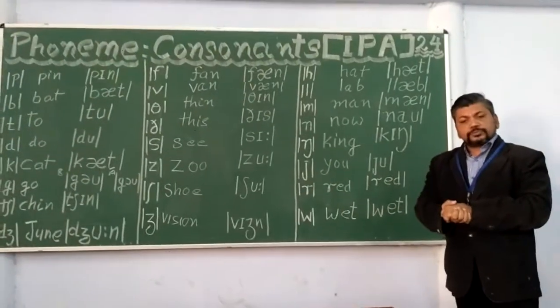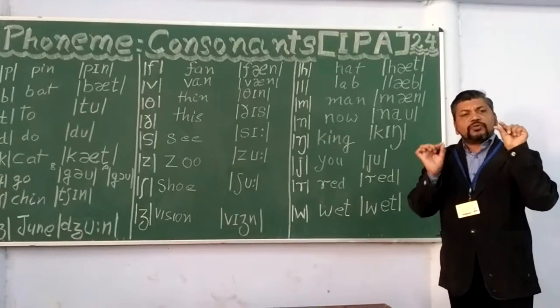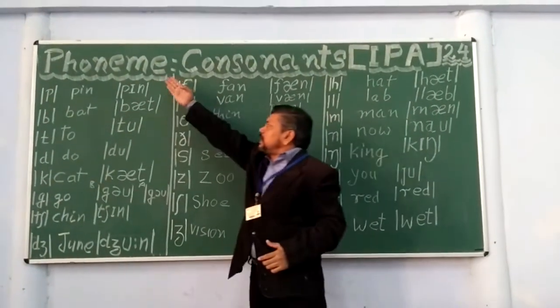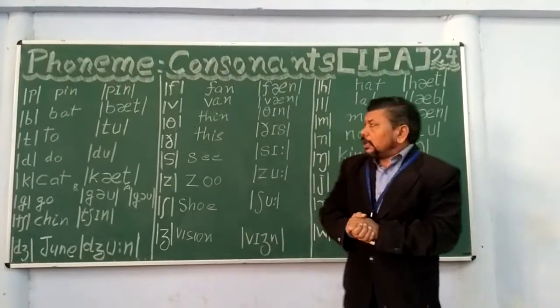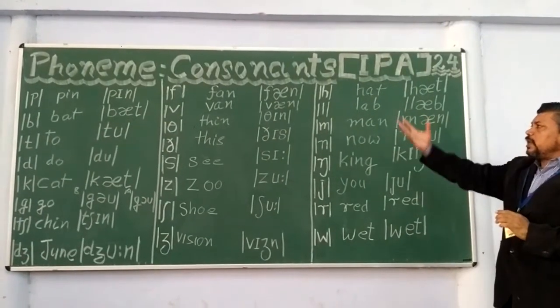Diphthongs are vowel glides, but all these 44 sounds are popularly known as phonemes, and IPA talks of these phonemes.